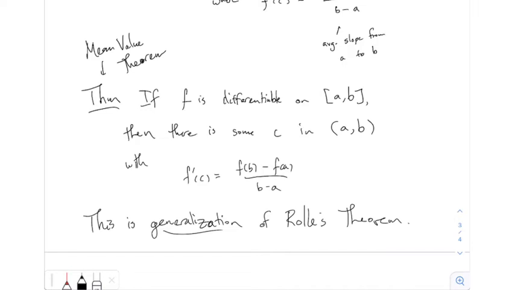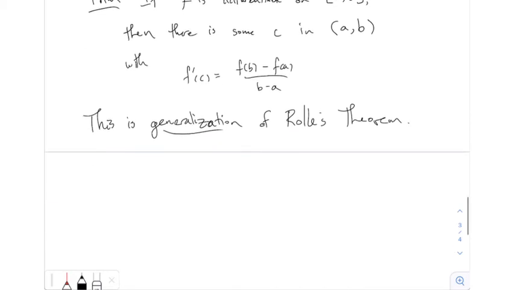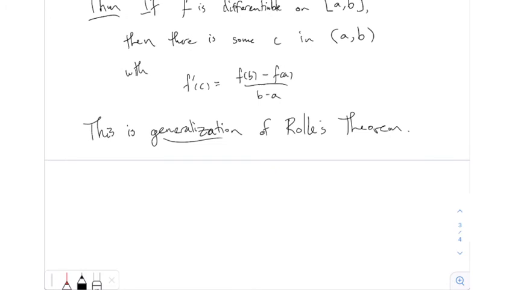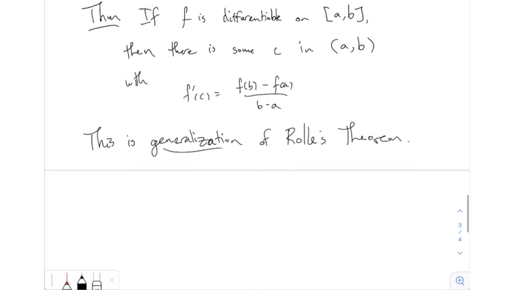All right. I want to do a couple examples of things you can do with the mean value theorem. You don't really use the mean value theorem to solve real world problems, like when does the rock hit the ground. But you can come up with interesting little facts using it.